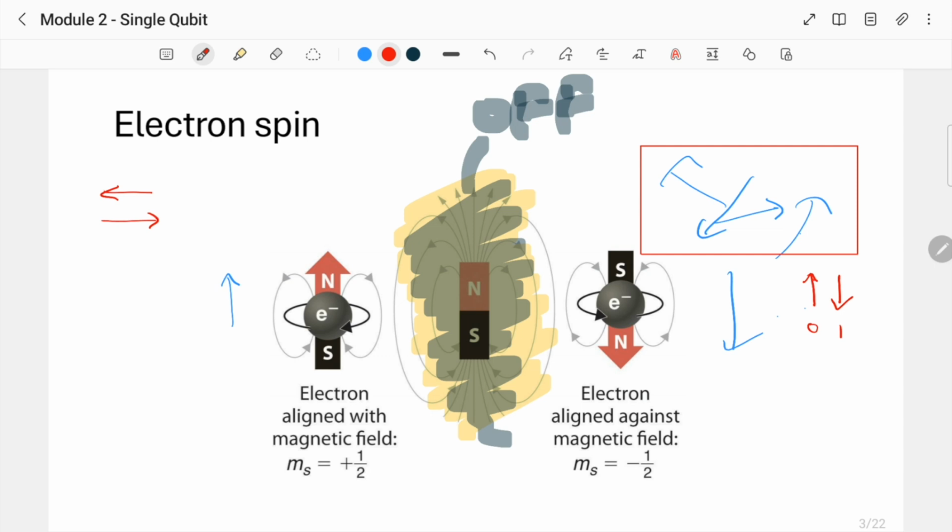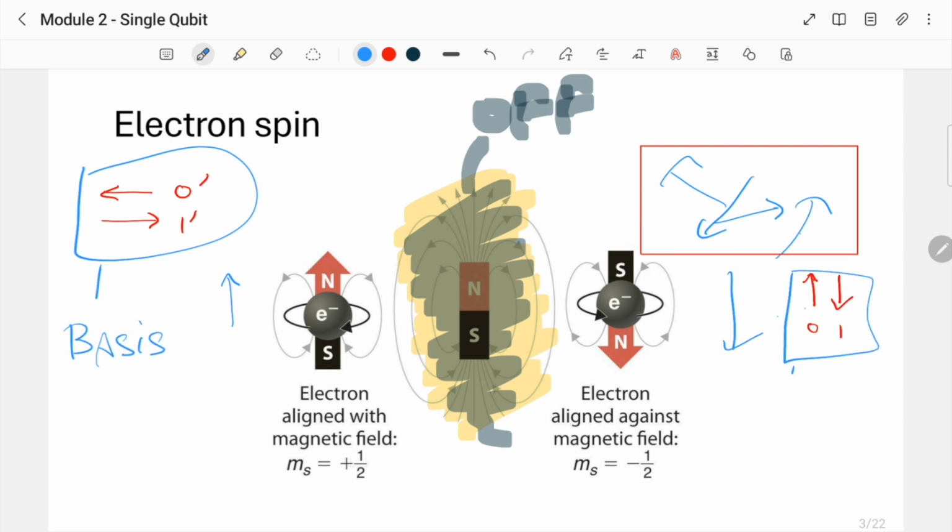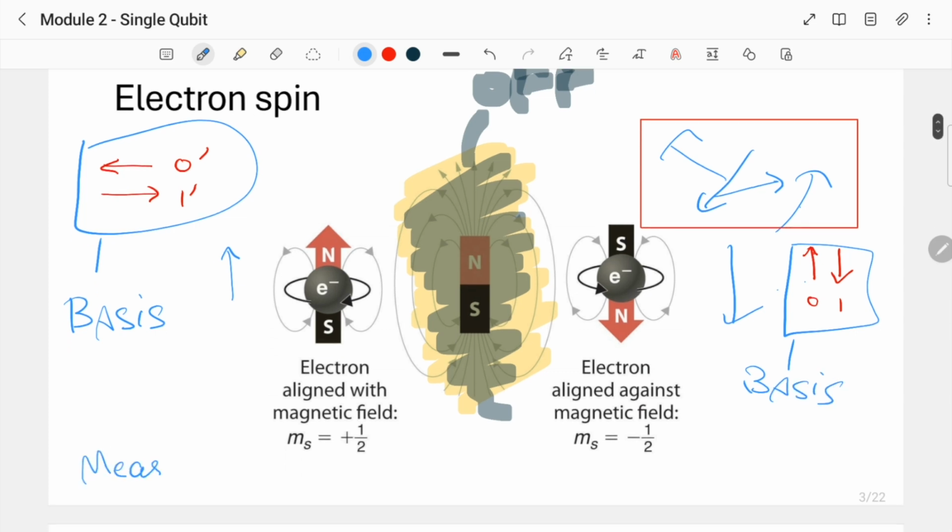But I can also say, when I do not know how my electron is, it is in a superposition of these two states 0 dash and 1 dash. And yes, this is exactly what happens. So it is the experimenter or the observer who determines of what states the qubit is in a superposition, and we call these states the basis states. The basis states are nothing but the states in which we choose to measure the qubit.